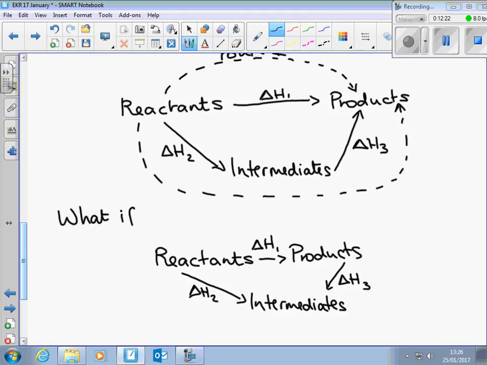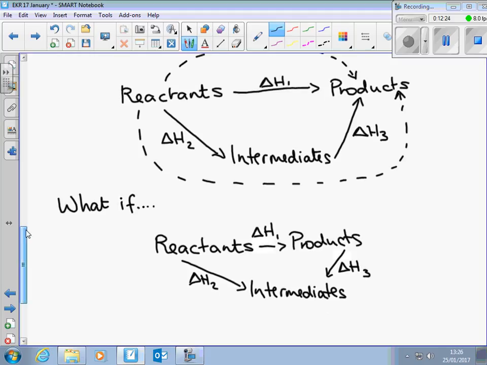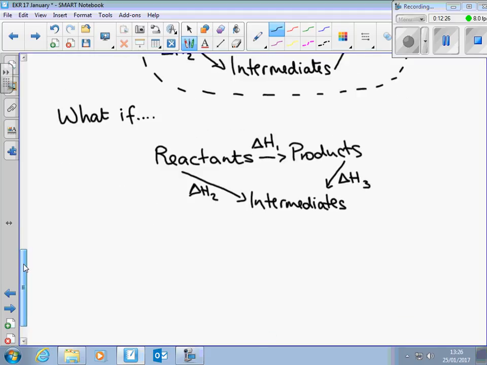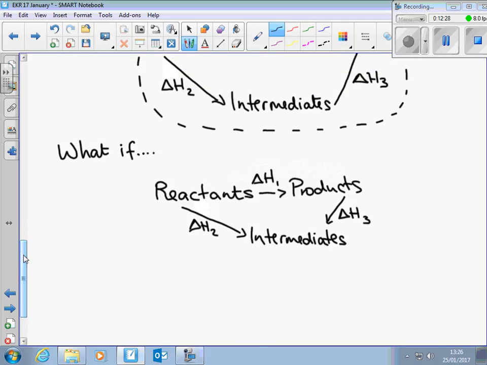It's not really an example. It's because of the ones that you can do in the lab. So you can convert both sodium hydrogen carbonate and sodium carbonate into sodium chloride, carbon dioxide and water.